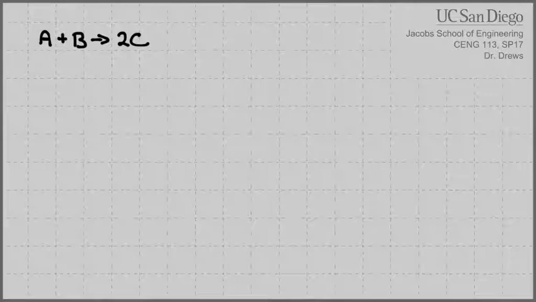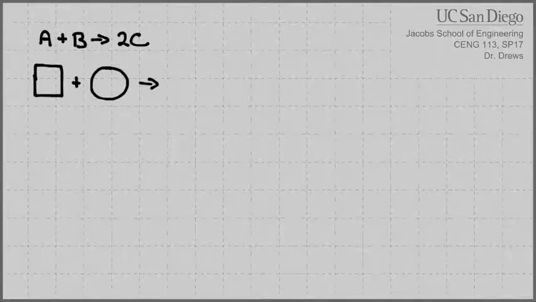So our molecules of A are going to be squares, our molecules of B are going to be circles, and our molecules of C are going to be triangles. So we end up with 1 square plus 1 circle goes to 2 triangles.